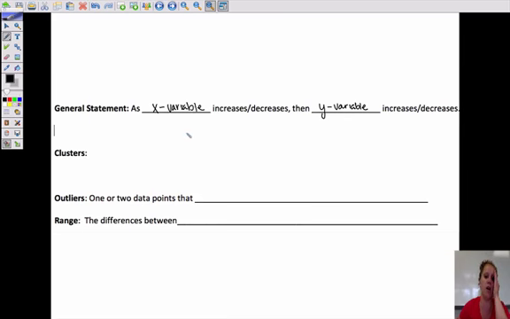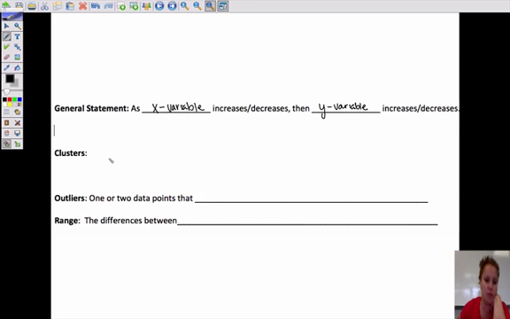So let's say you were talking about as we sell more product, we make more money. So that would be a positive. As the product sales go up, so does profit. Or as we drive more miles, the gas in our tank goes down. So that would be opposite.